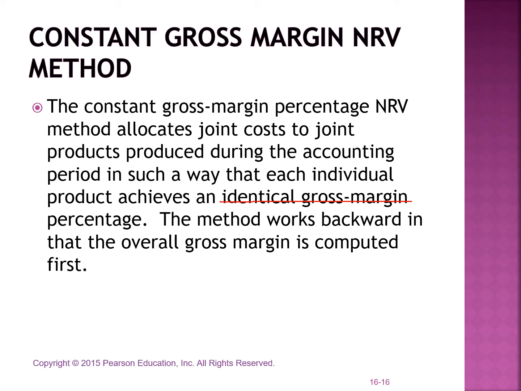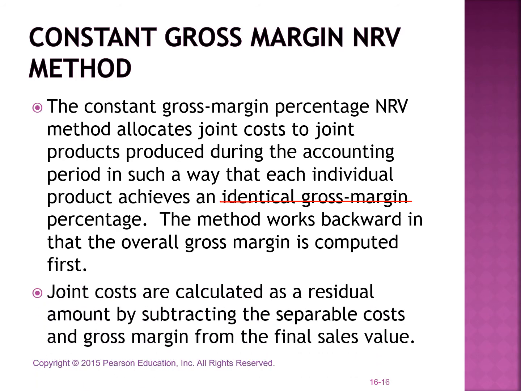And this method works backward, that the overall gross is computed first. يعني in all the other cases, the last thing that we calculated was a gross margin method. Here we are doing the gross margin method at the beginning, and then the joint costs are calculated as the residual amount by subtracting separable cost and gross margin from the final sales value.